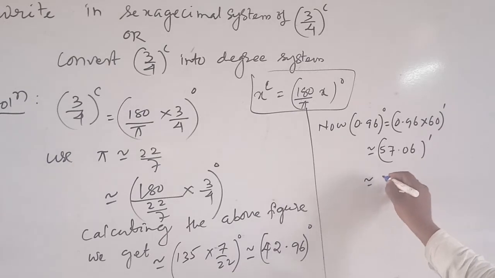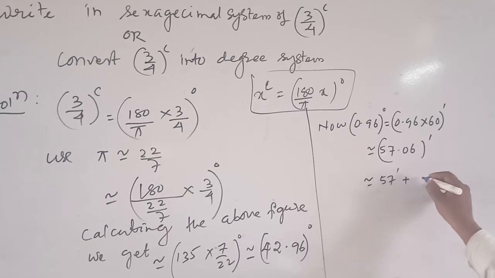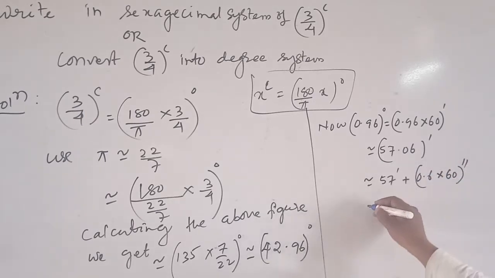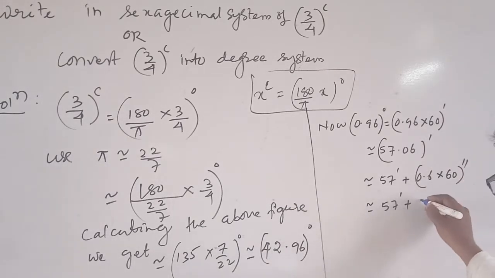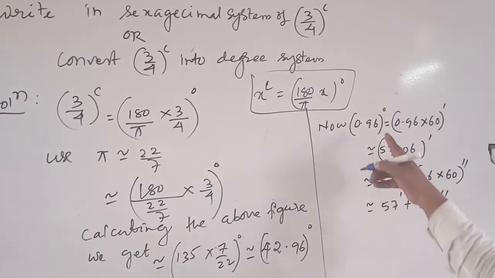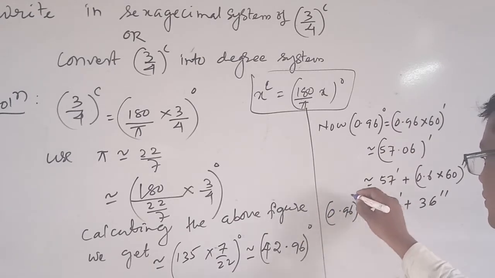Okay, that is 57 minute plus 0.06 into 60 second, and again calculating this, this is equal to 57 minute plus around 36 second. So here 0.96 degree is equal to this.